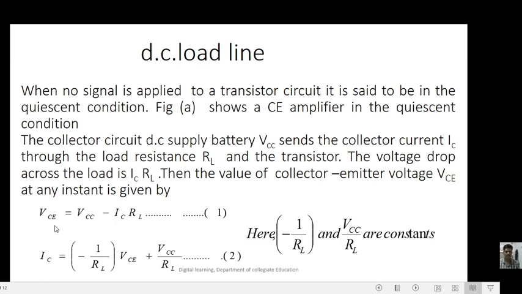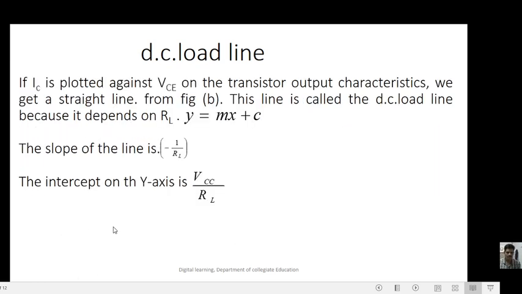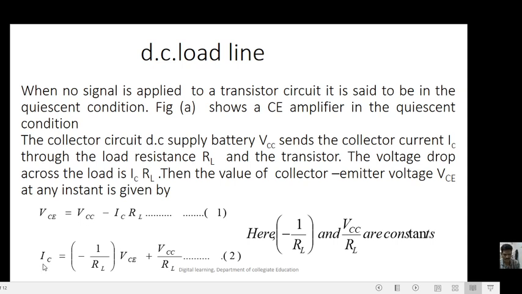That is equation number 1. Further, the equation can be written as IC is equal to minus 1 by RL into VCE plus VCC over RL. That is equation number 2. Here minus 1 by RL and VCC divided by RL are constants.